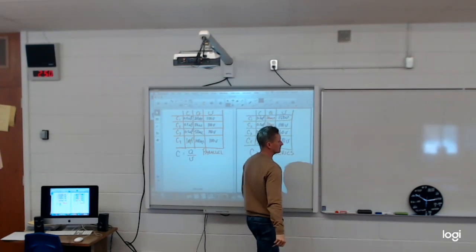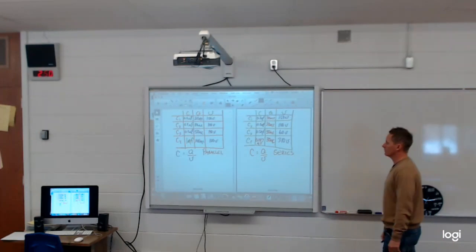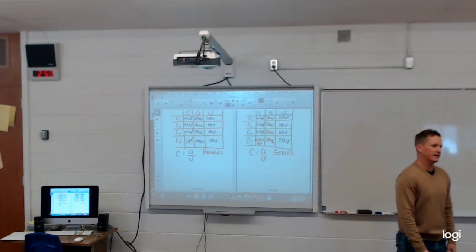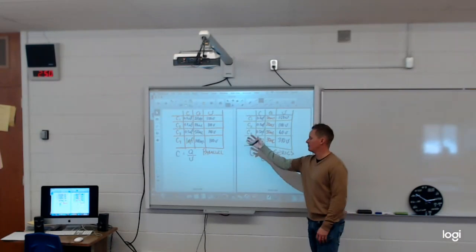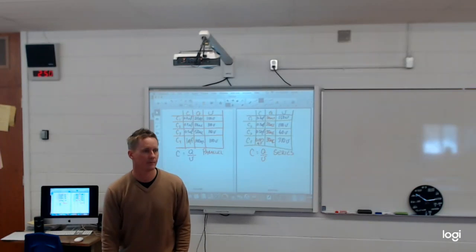And what stays constant in series? Your coulombs, your charge. As long as you remember that, you can't get this wrong, and you can check your answer chart. Each of these two pieces is 8 marks. It'll be on your test, it'll be on your exam.